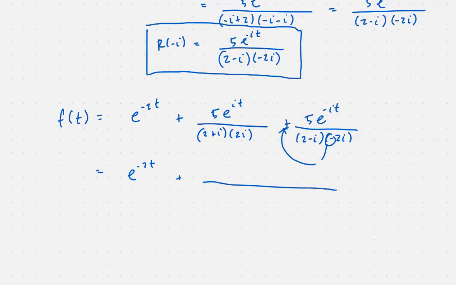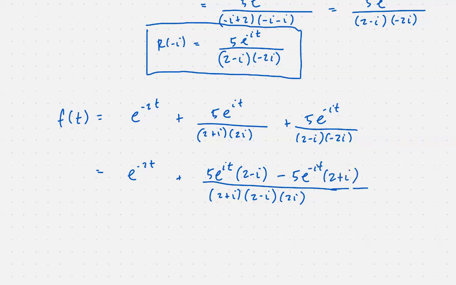But in this case, just (2 plus i) times (2 minus i), then we have 2i. Now simplifying this, we're going to have 5e raised to it times (2 minus i). Okay, and then minus 5e raised to negative it times (2 plus i). Now you can check this. If you separate these two terms into two fractions, does it go back to the original two? If yes, then your expression is correct.